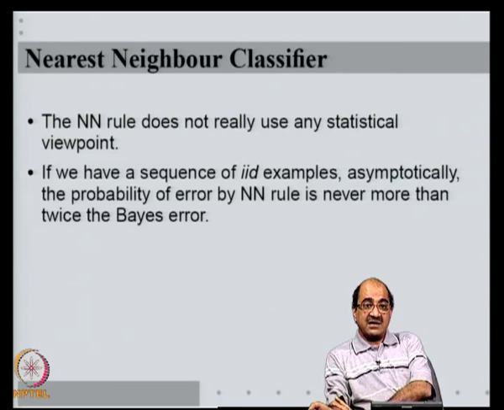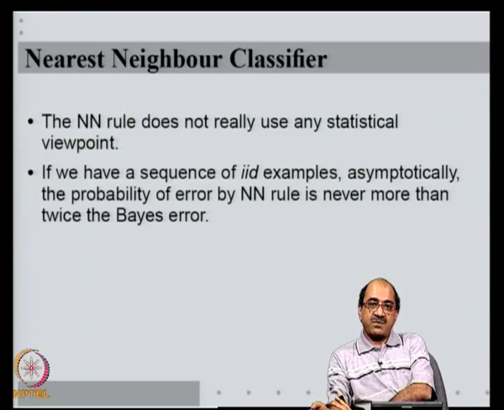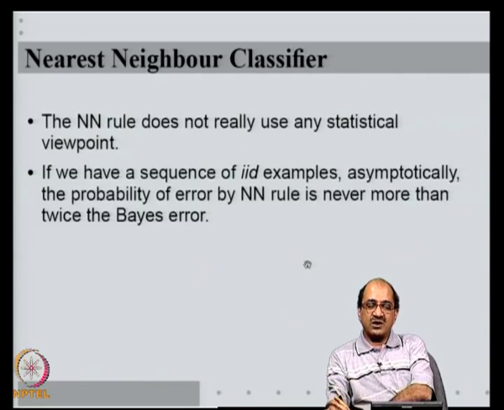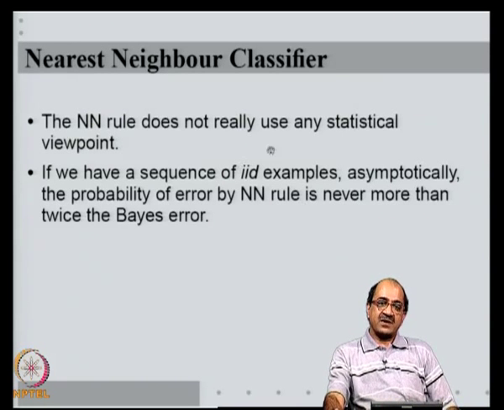But suppose the pattern recognition problem is very complicated, and Bayes rule can give you only 80% accuracy, then unfortunately nearest neighbor may give you as little as 60% accuracy. But that apart, this is a very interesting issue, that even though we do not use much statistical information, we can still bound the error of the nearest neighbor by twice that of Bayes error.